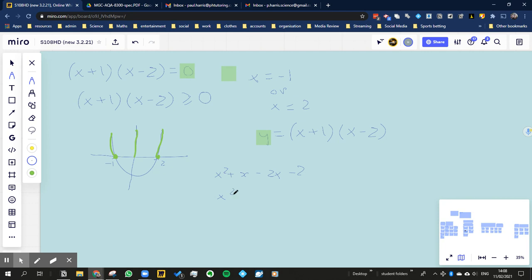So x squared minus x minus 2, and that might be greater than 0. They might be even more tricky than that. They might rearrange it to say x squared minus 2 is greater than x, for example. So then they might say draw a graph to demonstrate the values that x could have.